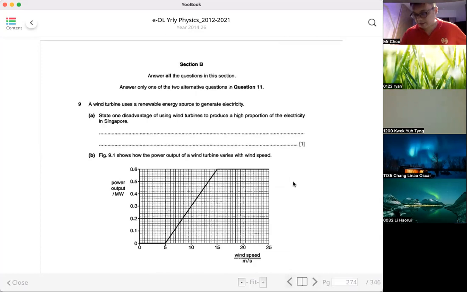You can see over here, when the speed is 0 to 5, the power is 0. When the speed is above 15, the power is 0.6 megawatt.